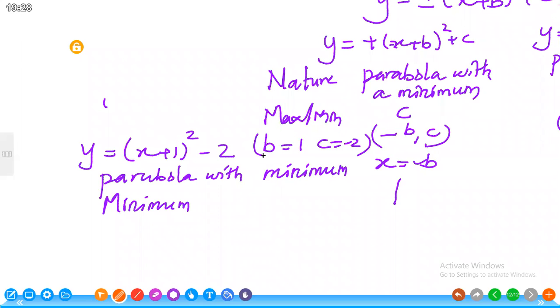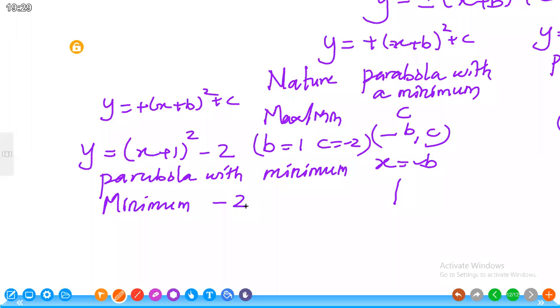When we convert the equation into this form, b is equal to plus 1 and c is equal to negative 2. So the minimum value is given as c, so c is equal to negative 2. So the minimum value is negative 2, right? Okay, then we consider the coordinates of the turning point.